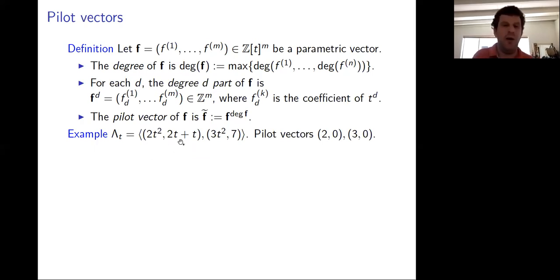So 2t squared, 2t plus t is almost in the same direction as 2, 0 if t is large. And the second one would be 3, 0. So that's what we do. We look at the highest power of t that occurs in the polynomial, look at the coefficients only of that power, and we call that the pilot vector of a parametric vector. Pilot because it guides the direction.